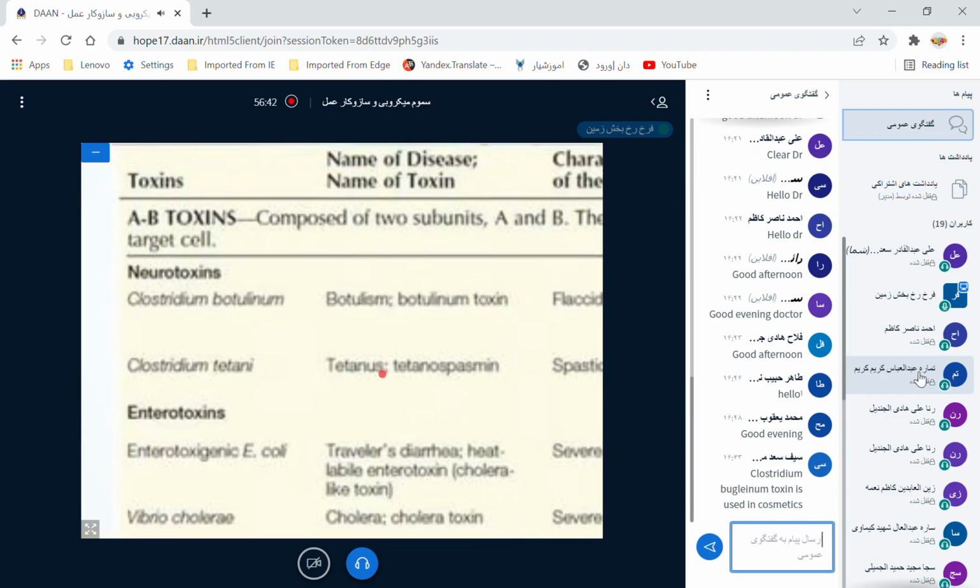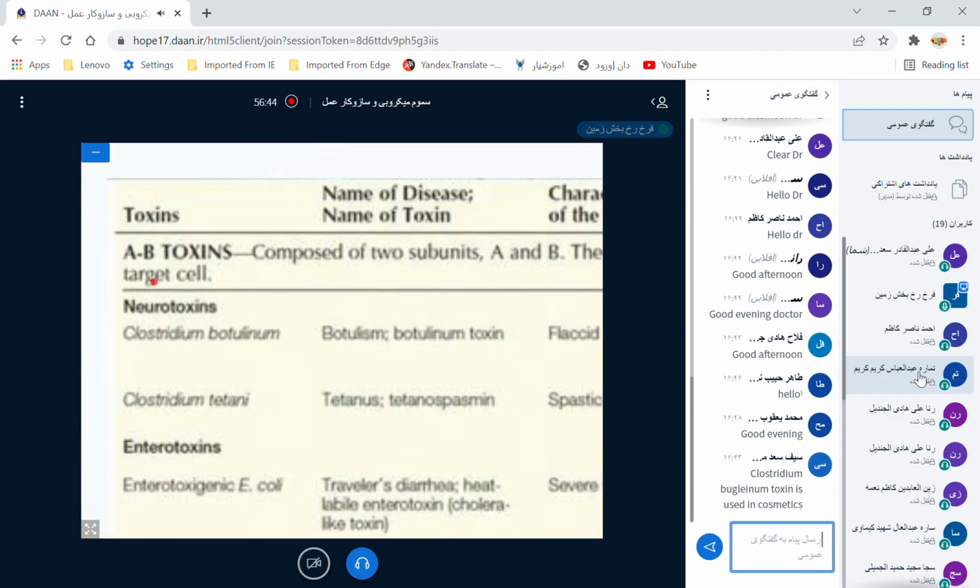What can we see here? Here we want to show you some bacteria which contain AB toxins. We want to tell the names of those bacteria which contain exotoxins having A and B subunits.